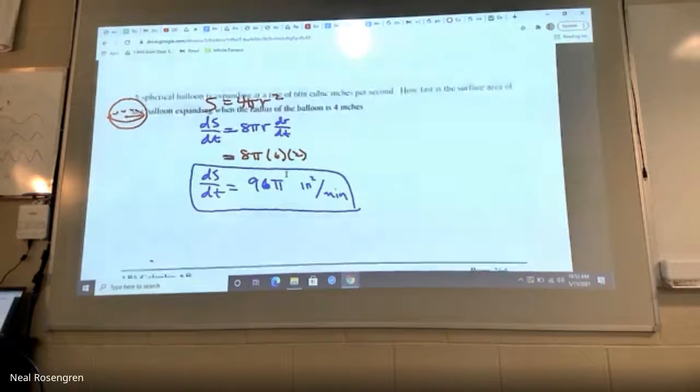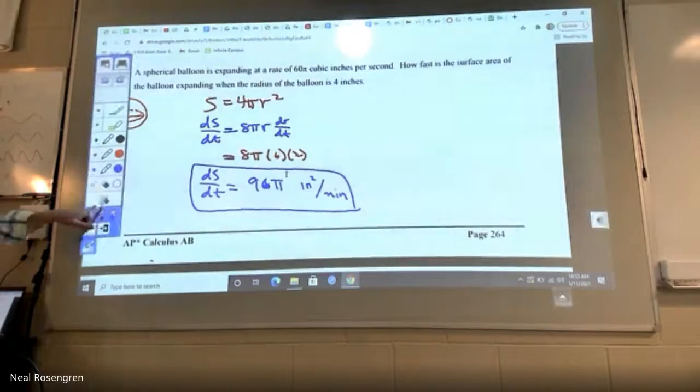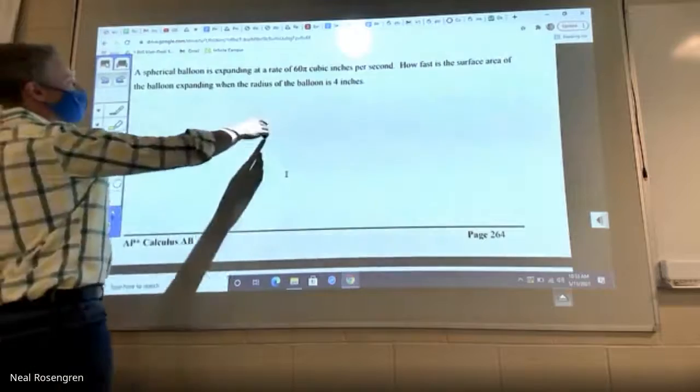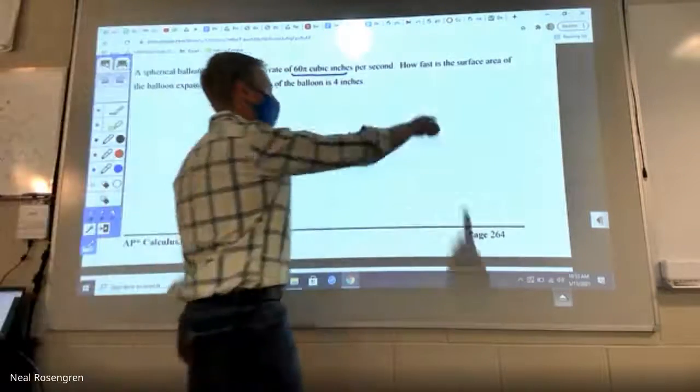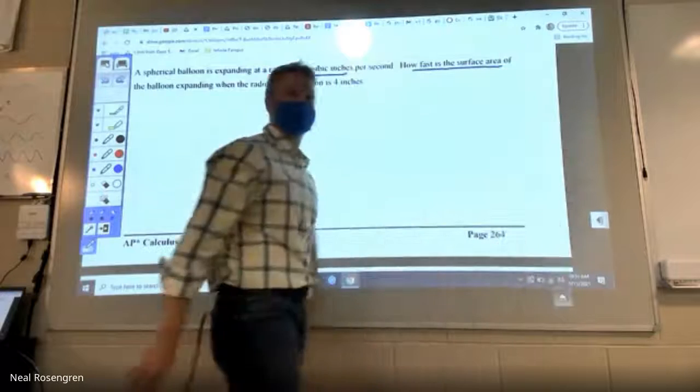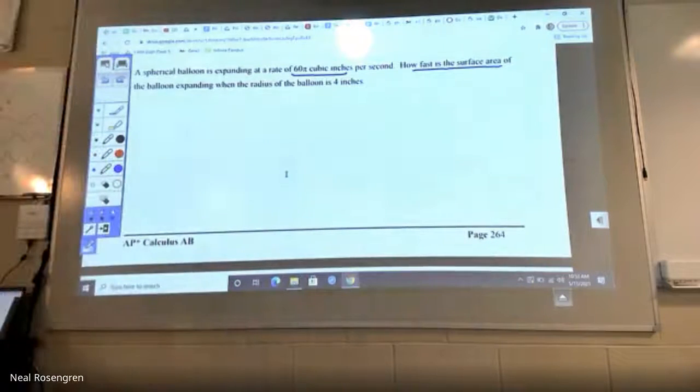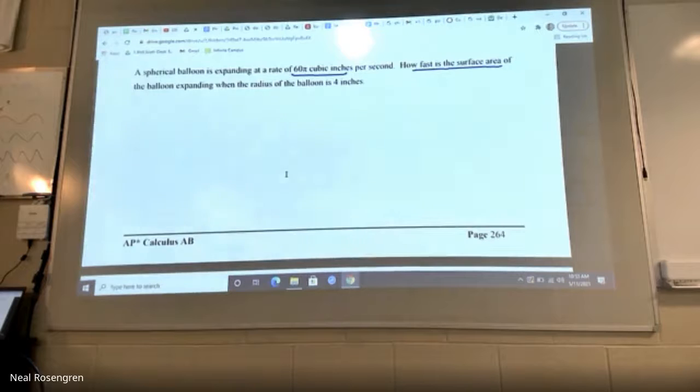The bottom of 264 is a little bit more challenging because they're giving us a volume rate and asking us for a surface area rate. Those are not in the same equation. But they do have a rate that they share from one equation to the other, the radius.